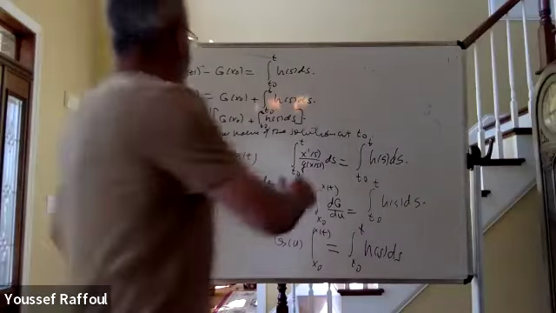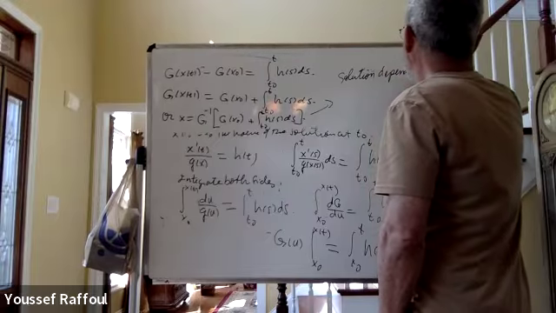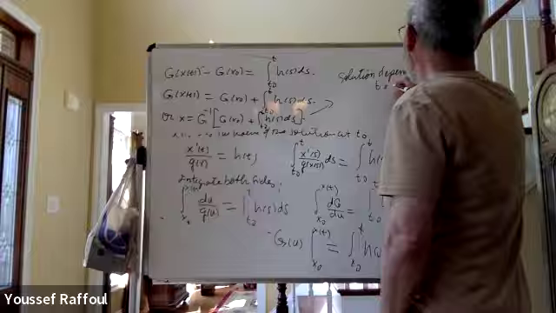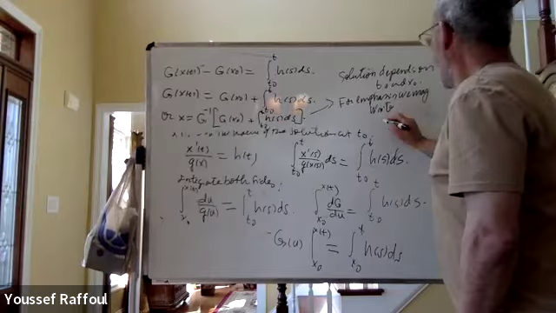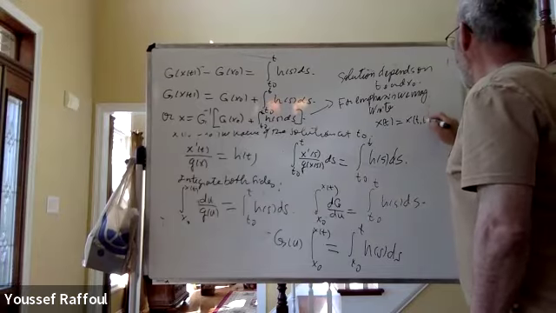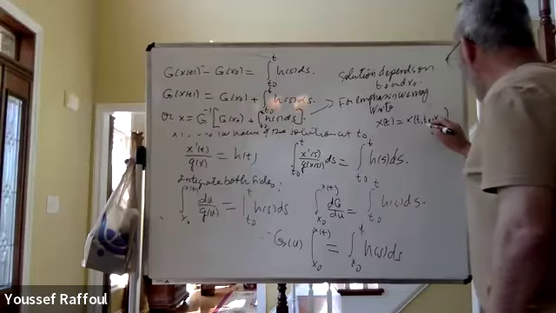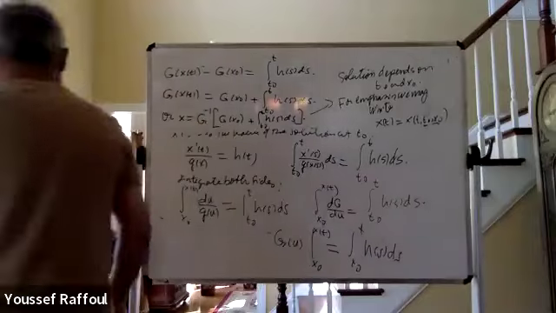All right. So as you see, the solution depends on t naught and x naught. So for emphasis, we may write x of t as x of t, t naught, x naught to emphasize the dependence of the solution on the initial data.